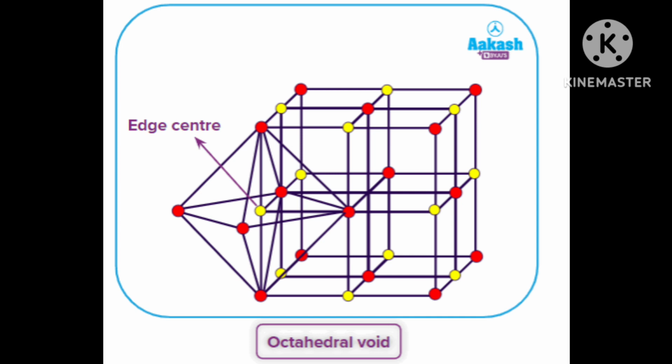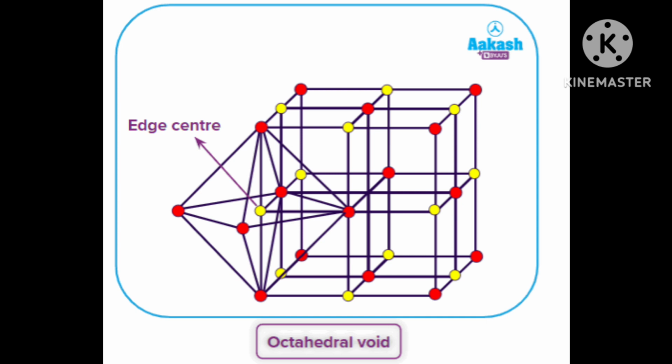Only in one structure, in one crystal or one unit cell, are both present, tetrahedral and octahedral.